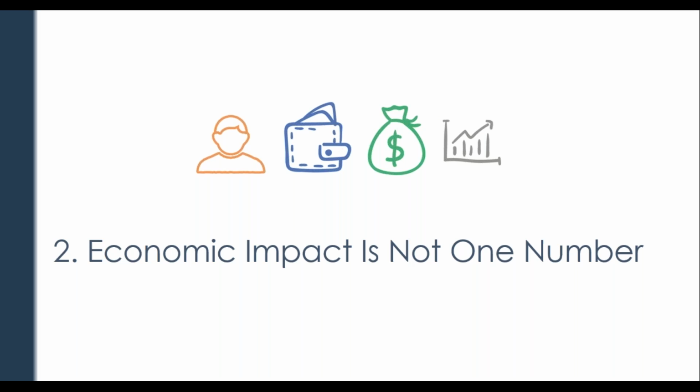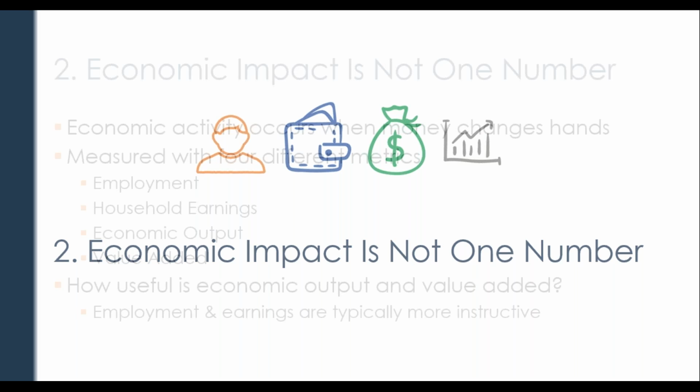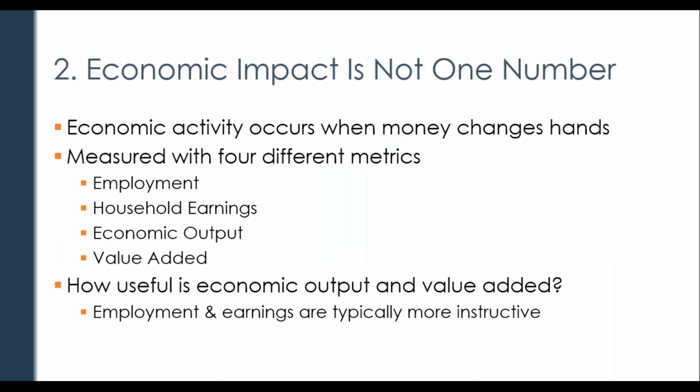The idea behind economic impact is that anytime money changes hands, whether it's a business purchasing inputs or supplies through its supply chain, or spending money for employees, for workers, for labor, or even if the workers themselves then go on and spend some of their money, there's going to be some economic activity there, and we can measure that.